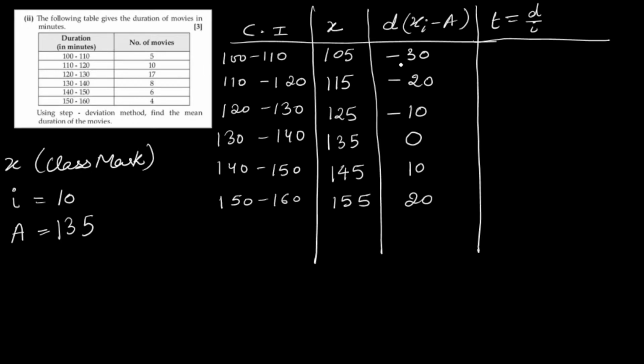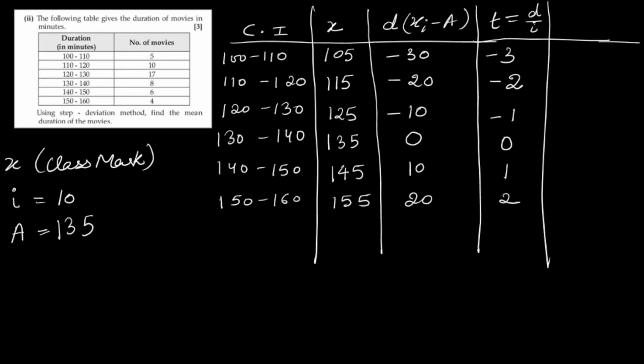So minus 30 divided by 10 is minus 3, minus 20 divided by 10 is minus 2, minus 10 divided by 10 is minus 1, then 0. 10 divided by 10 is 1, 20 divided by 10 is 2. So t is the deviation divided by the class size, h.